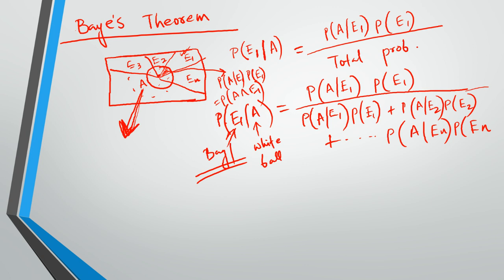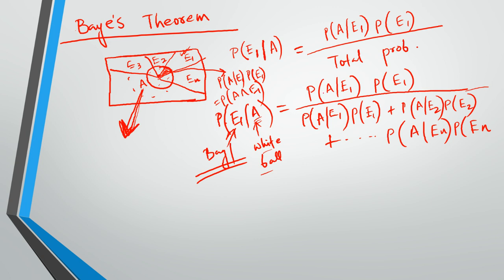So we have to take this much portion, divided by the total probability that the ball is coming from this portion. The ball is not coming from any other portion. So how will we do that? We already discussed that this part equals P of A intersection E1, and P of A intersection E1 means P of A given E1 times P of E1.